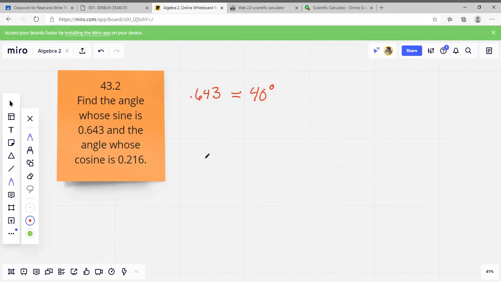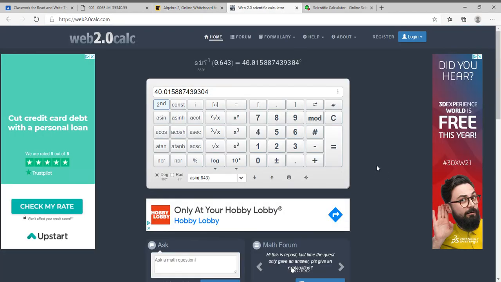All right, this one we need to find the angle whose cosine is 0.216. So I'm going to say 0.216, and we need to find the angle whose cosine is that. So the inverse of the cosine, 0.216, and then we're going to say a cosine equals, and we get 77.53 if we round that.